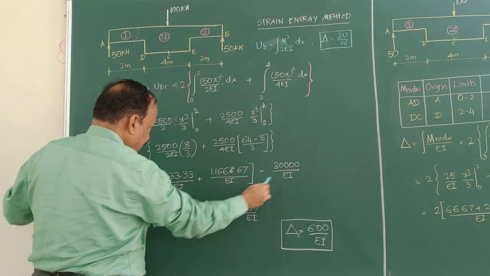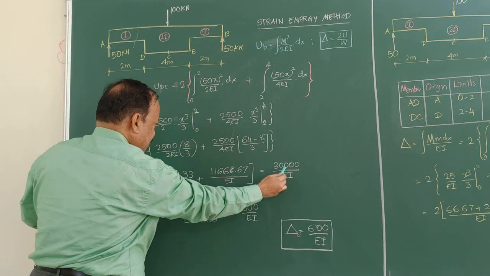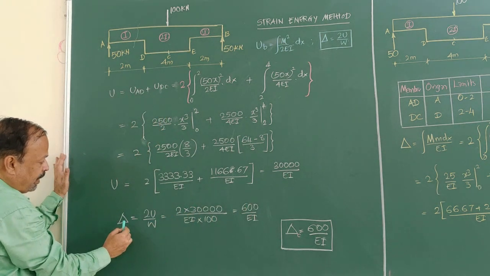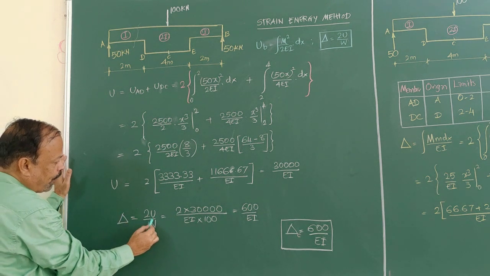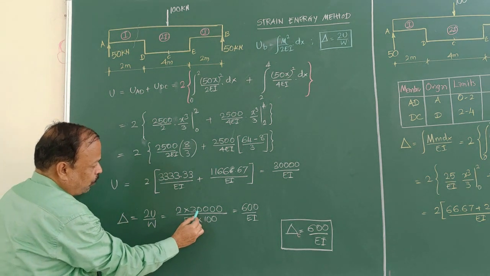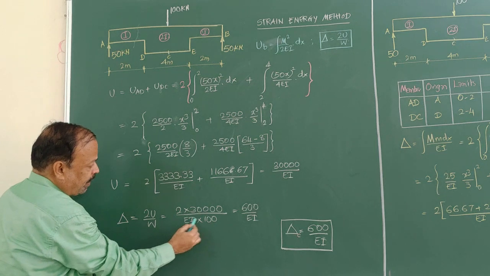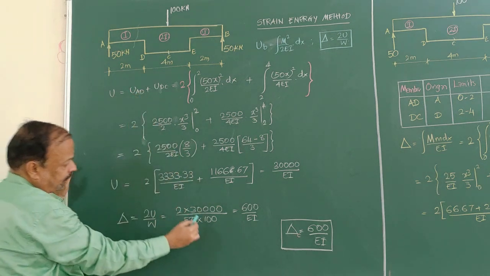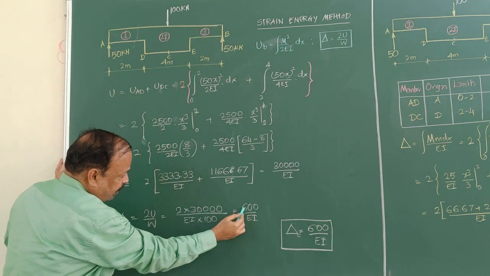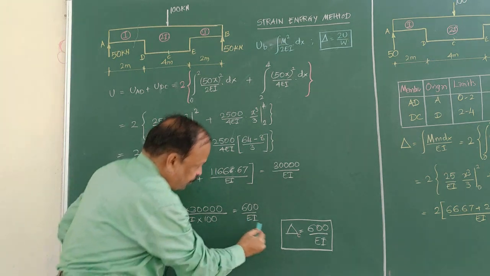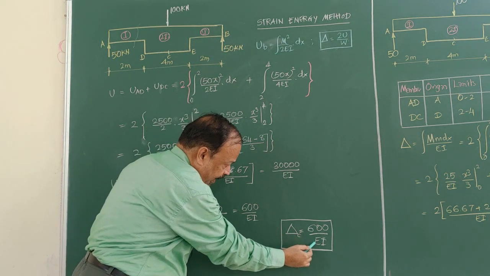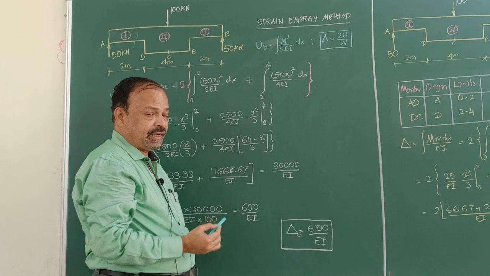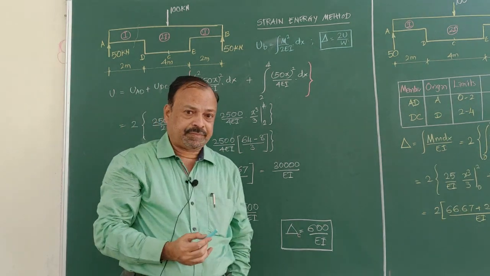So ultimately you will get U as 30,000 divided by EI, and delta will be equal to 2U by W. 2 into U is 30,000 divided by EI, W is the applied load, that is 100 kilonewton. So it will be 600 divided by EI. If you substitute the value of EI, you will get the deflection at C.